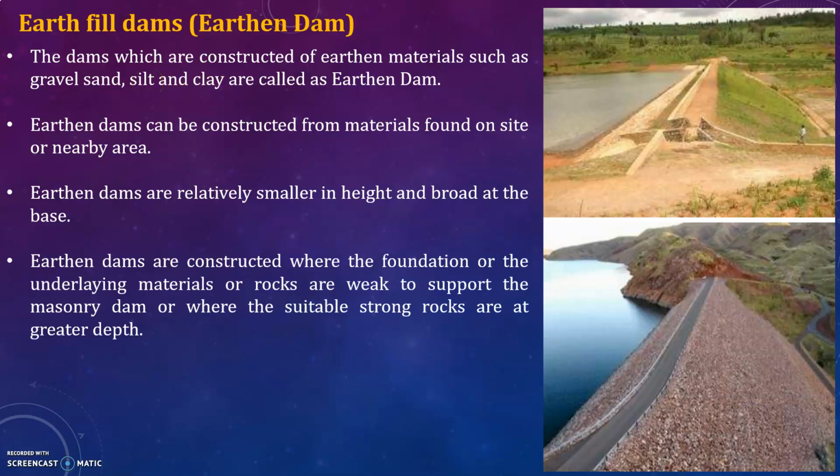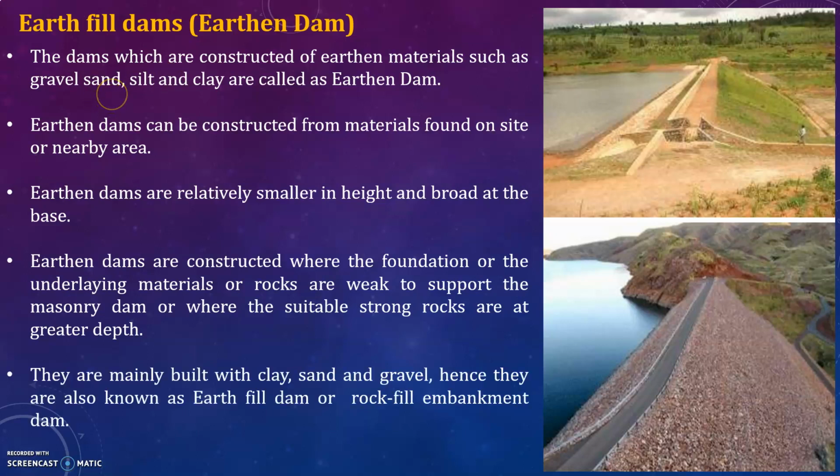Earthen dams are constructed where the foundation or the underlying materials or rocks are weak to support a masonry dam, or where suitable strong rocks are at greater depth. They are mainly built with clay, sand, and gravel, hence they are also known as Earthfill Dam or Rockfill Embankment Dam. They are cost effective and usually trapezoidal in shape.